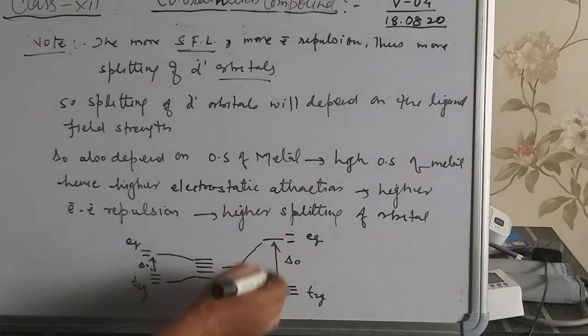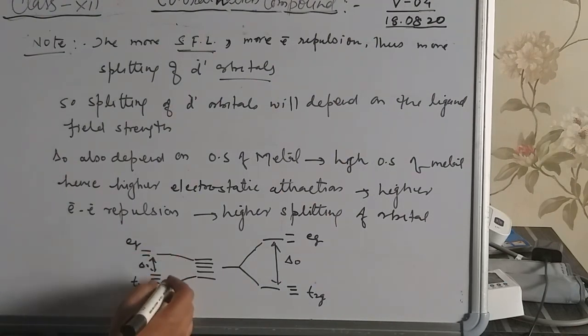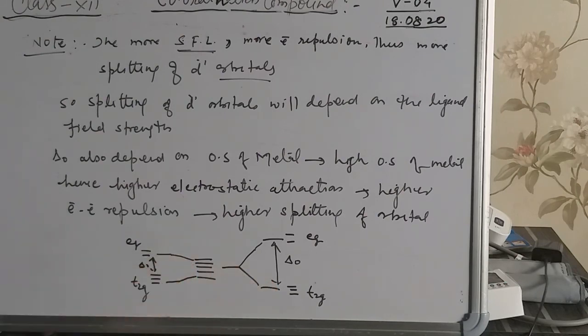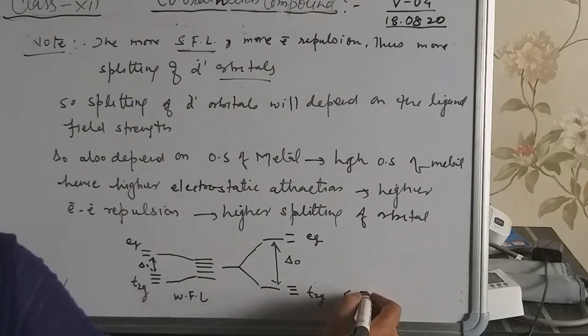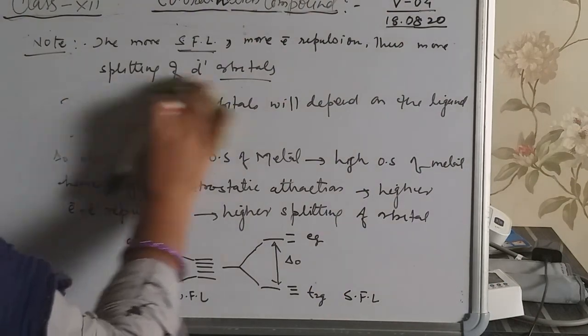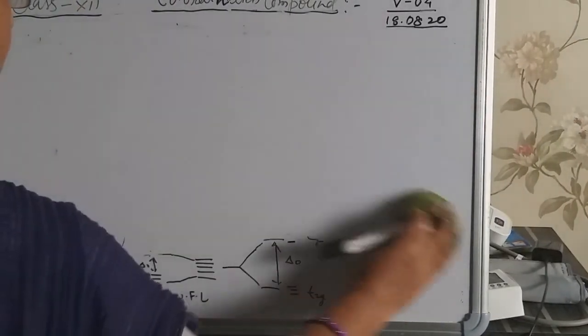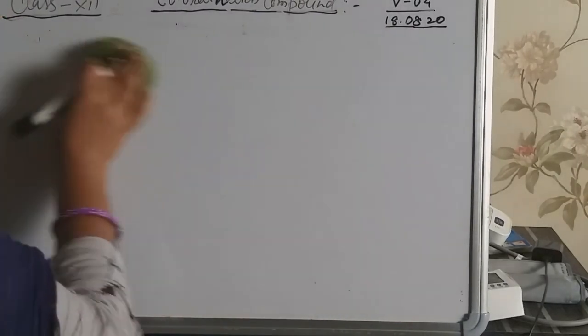So here the splitting is large and here the splitting is small. It happens due to the presence of weak field ligand, and the other happens in the presence of strong field ligand. In the presence of strong field ligand, splitting will be more. In the presence of weak field ligand, the splitting will be less.